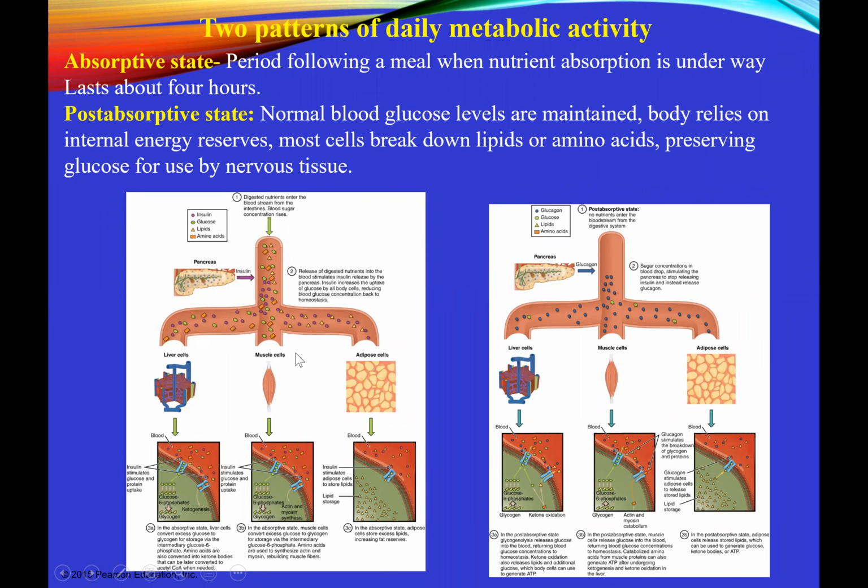So when the nutrient pool is rich after a meal, the nutrients from the gut will enter the blood supply. And the blood supply is going to take all the nutrients to every cell in our body. So you can see how the insulin is stimulating the uptake of glucose and protein into the cell. When it goes to the liver, if there is any excess glucose, it will store it as glycogen.